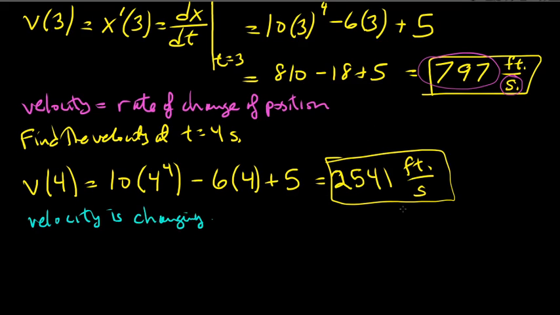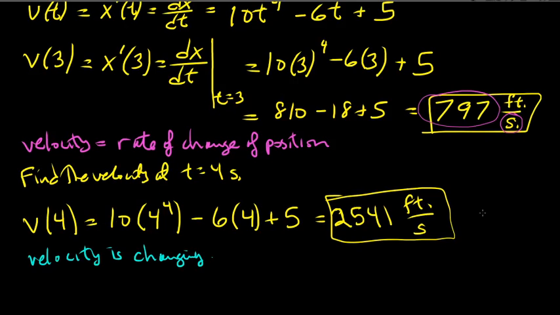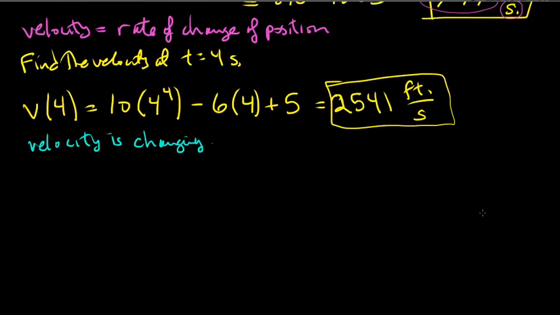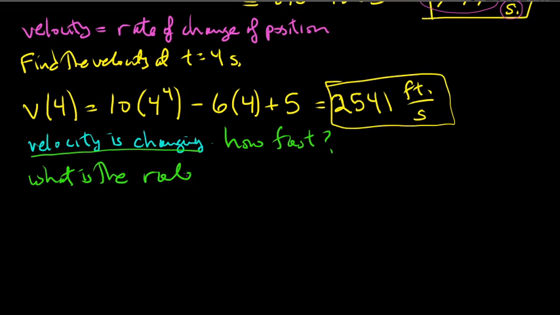So that means we're moving faster and faster as time goes by. But now we can make this a little more specific here. If velocity is changing, how fast is the velocity changing? In other words, what is the rate of change of the velocity?